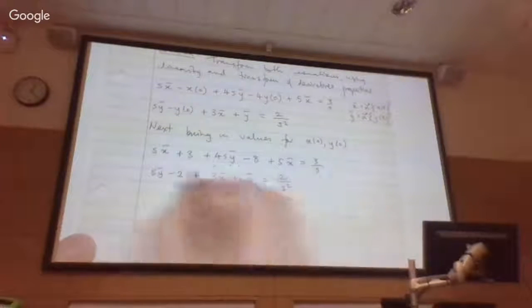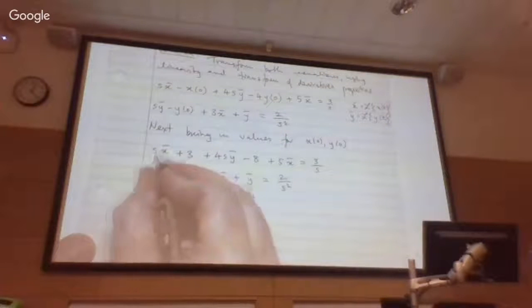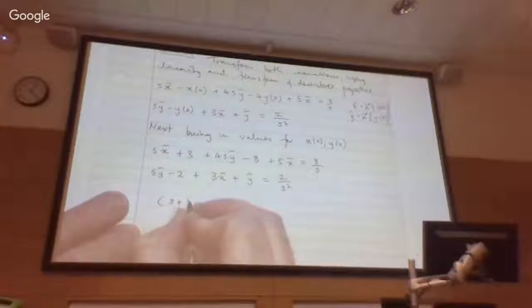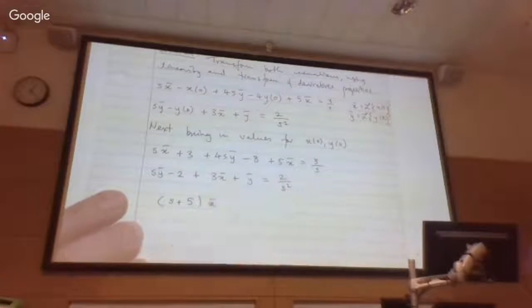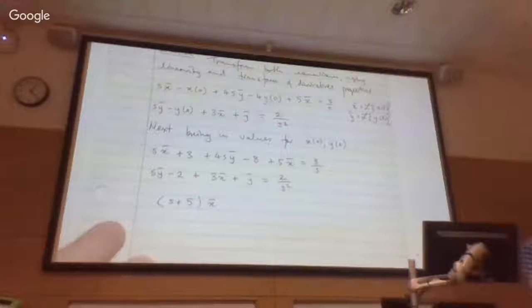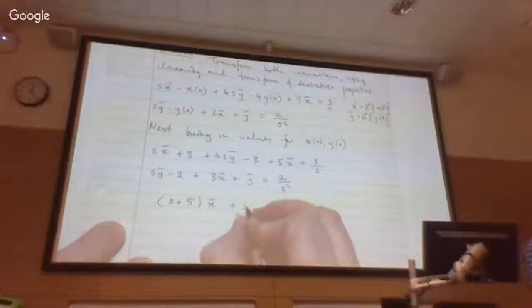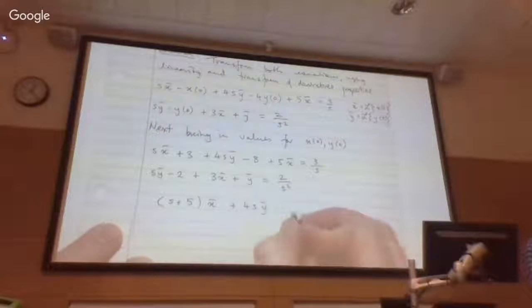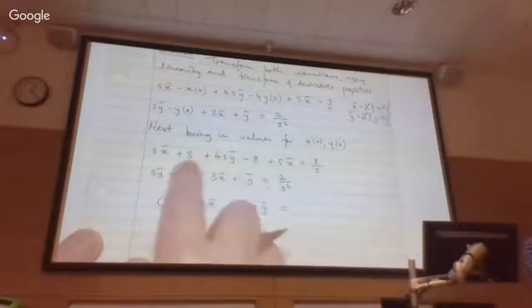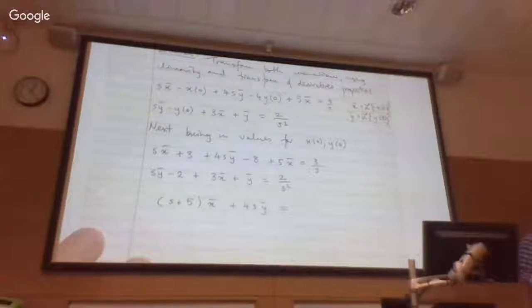So in the first one, multiplying x bar, I've got s plus 5. You just got to make your s's and 5's nice and distinct from each other. s plus 5 times x bar. And multiplying y bar there, you've just got 4s. This is equal to, now we've also got constants here. We've got a 3 and a minus 8. So that's a minus 5.